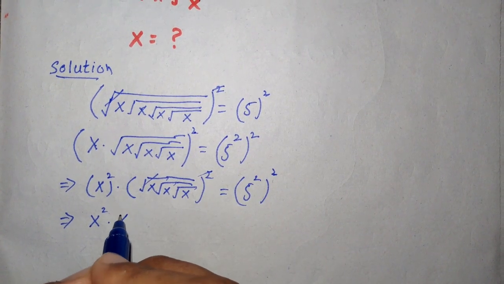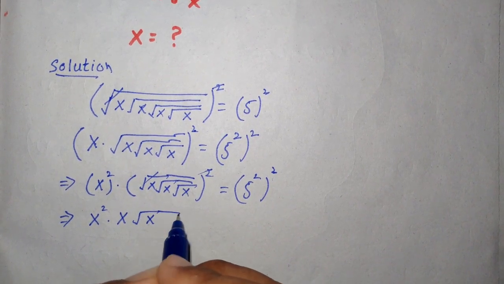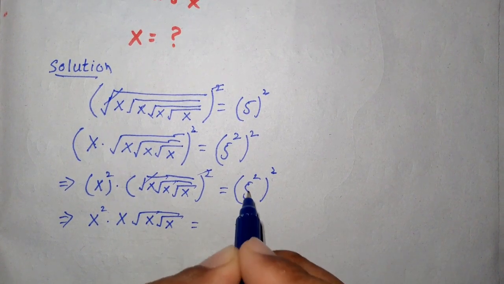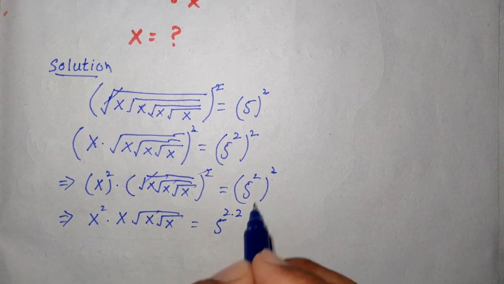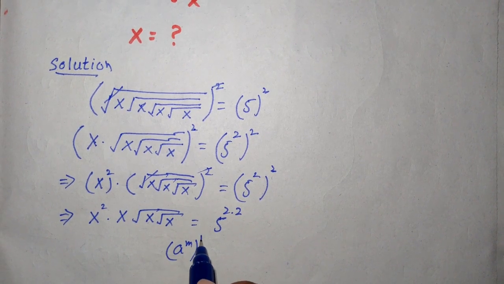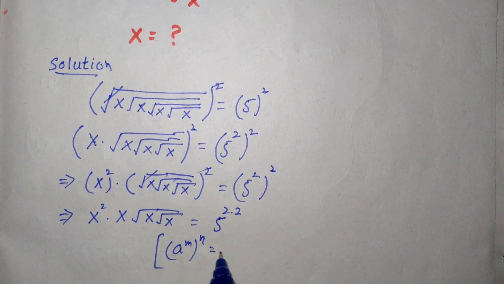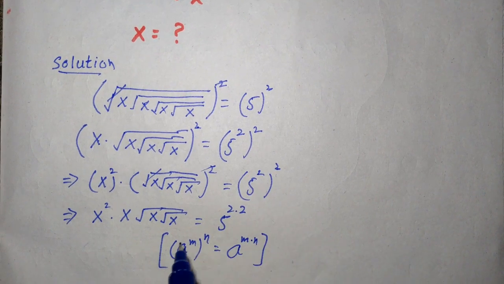So x times under square root of this x under square root of this x is equal to 5 to the power 2 times 2, because a to the power of m to the whole power of n can be written as a to the power of m times n. So this will become 2 times 2.